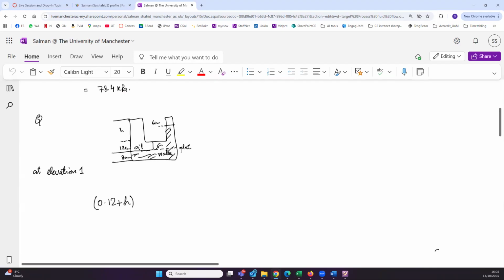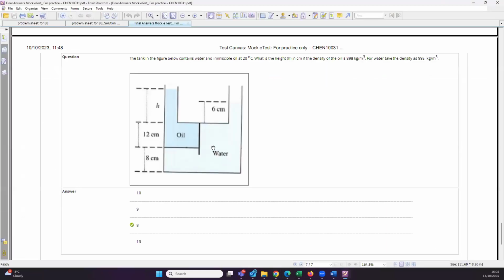Now if you go on the same elevation, you know that whatever the pressure is at this point should be the same pressure at the other point. So what will be the other side? We will have the pressure due to the height of the fluid from this point to this point. Maybe going back is better. This was our elevation point, this imaginary line here.